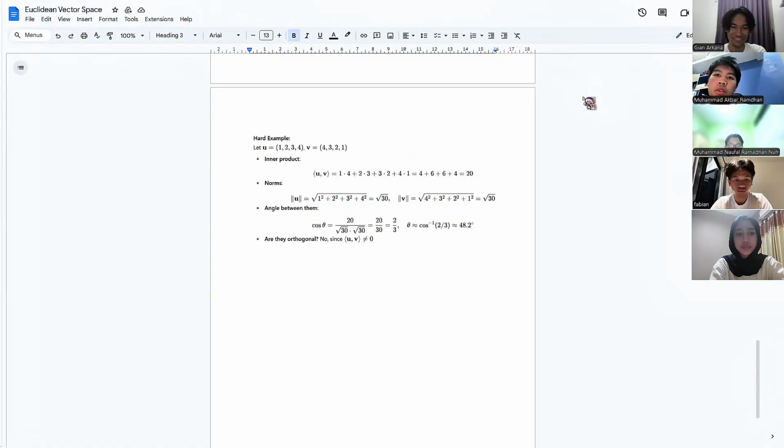Taking the inverse cosine of 2/3 gives us the angle. The result is approximately 48.2 degrees. Finally, we check whether the two vectors are orthogonal. Two vectors are orthogonal if their inner product equals 0. Since the inner product here is 20 and 20 is not equal to 0, the two vectors are not orthogonal.